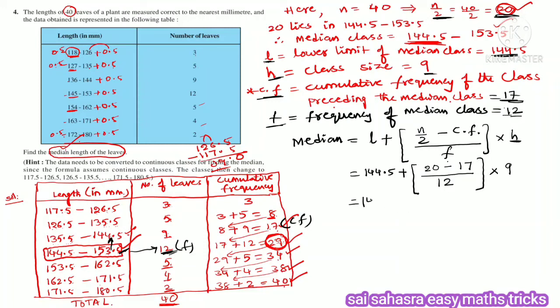Next simplification. 144.5 plus 20 minus 17. 20 minus 17 is 3, divided by 12. After this multiplication, 9 is there. 3 by 12: 3 one time, 3 four times. So 144.5 plus 1 into 9 is 9 divided by 4.